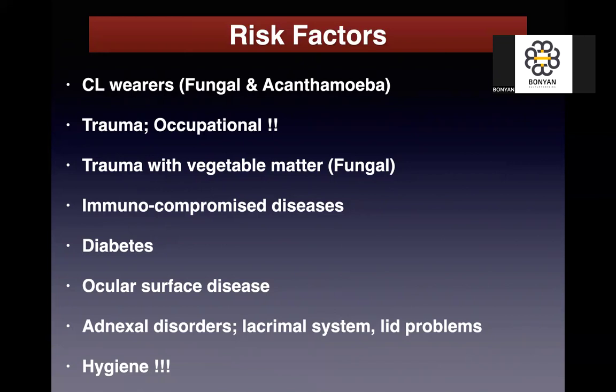Ocular surface diseases like severe dry eye, corneal irregularities, corneal scarring, and pinguecula or pterygium may lead to irregular wetting of the surface with dryness and exposure, with frequent friction, and all of these factors will lead to corneal ulceration as well. Adnexal disorders like lacrimal system disorders, especially dacryocystitis with chronic infection, also will lead to ulcer due to exposure of the cornea to the microbiological effects.